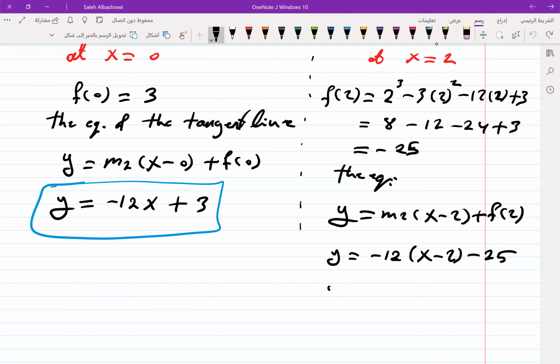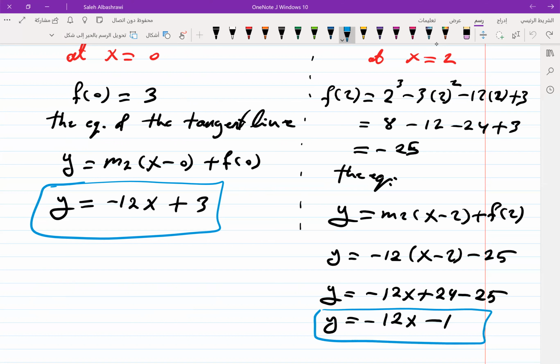Open the bracket, we will have minus 12x plus 24 minus 25, so y will be minus 12x minus 1. And that will be the equation of the second tangent line at the point x equal to 2. So we had 2 tangent lines perpendicular to the line x minus 12y equal to 10.